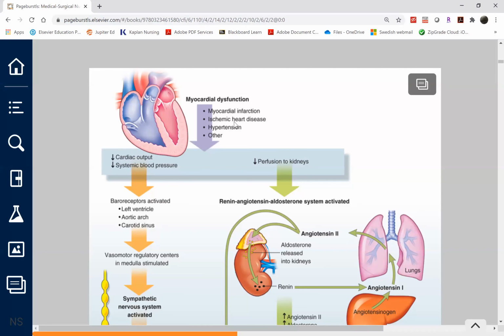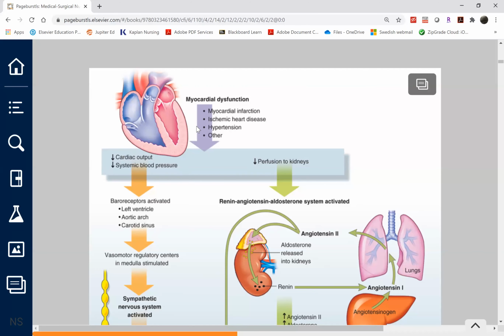Let's take MI, for instance. Somebody has a heart attack. Will that decrease cardiac output? Yes. Will that decrease oxygen delivery? Yes. So it takes only one. You don't need all four conditions in order to trigger compensatory mechanisms.